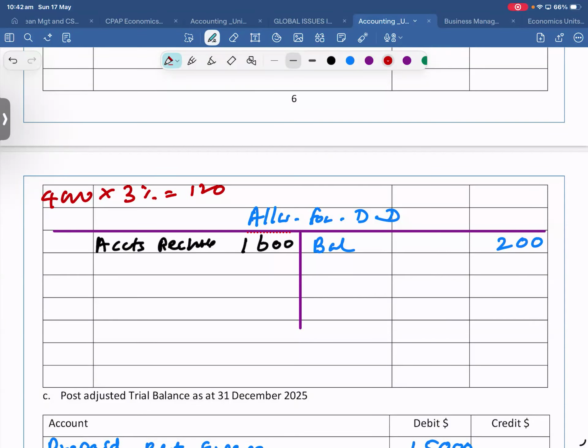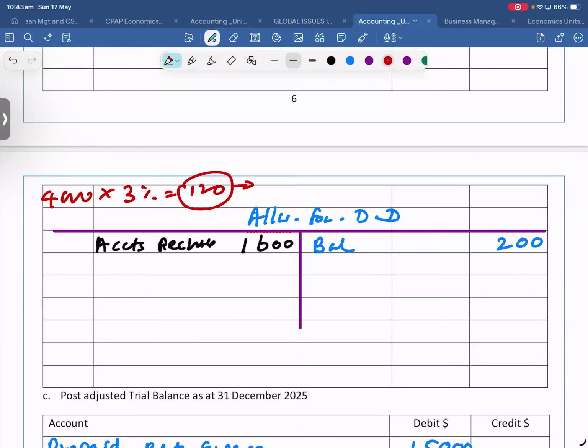It's like a safety net. We are saying this is what we are not sure about. This is what we are not going to get in the future. This is what we have doubts on in our accounts receivable, that we are not going to get paid.